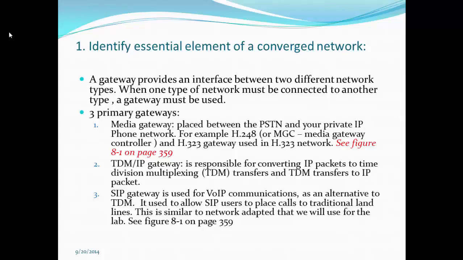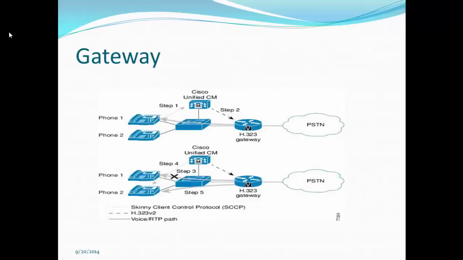For example, if you want to dial outside to your cell phone, we need to have a SIP gateway. Normally, there are some companies called ITSP, Internet Telecommunication Service Providers, that will host your gateway as a SIP gateway. Normally, you pay a small nominal fee for that service.